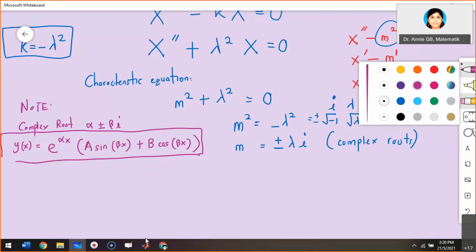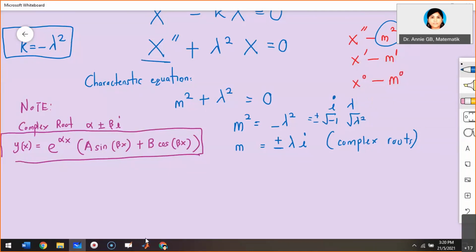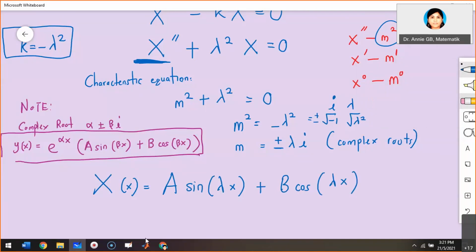So, this is a function involving variable x, so saya boleh kata X of small x, we have a sin beta. My beta is lambda. Lambda x plus b cos lambda x.